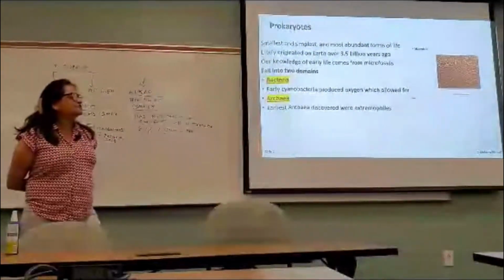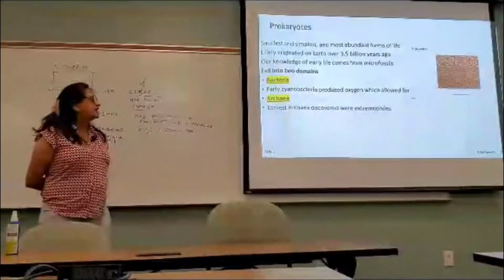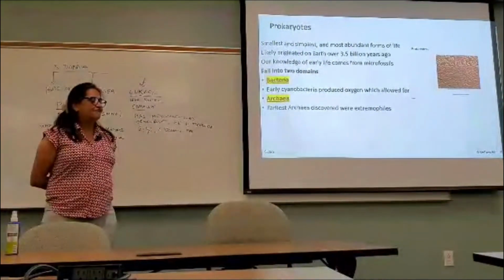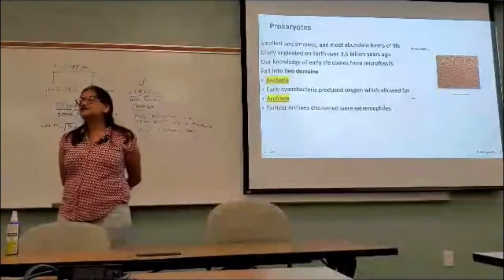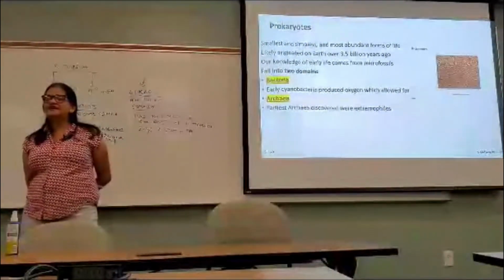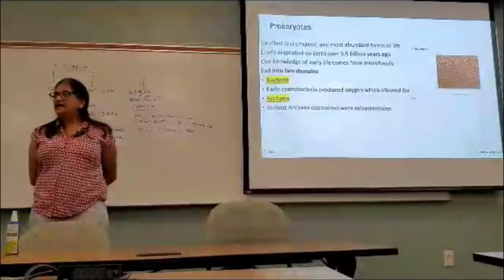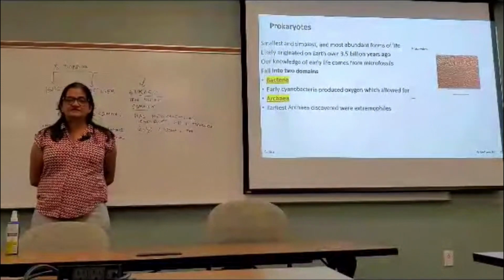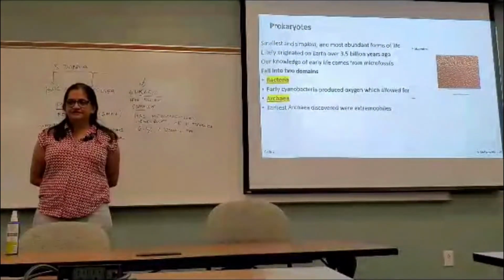Okay, now let's talk a little bit about archaea. What are archaea? Archaea are the earliest life forms, prokaryotic of course, but they are extremophiles. Why are they called extremophiles? Because they can handle extreme conditions that were present in the early history of Earth.